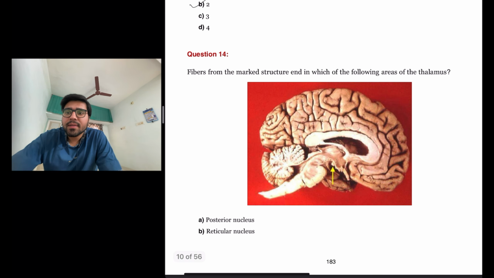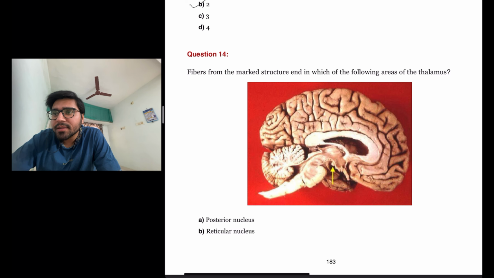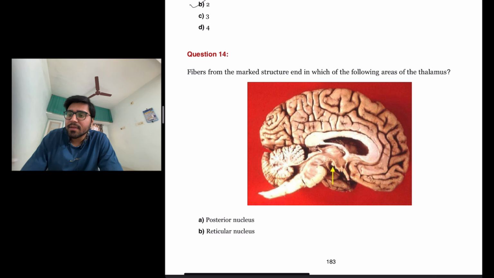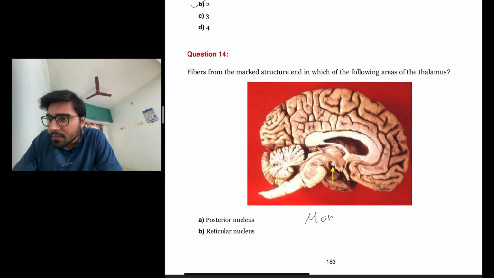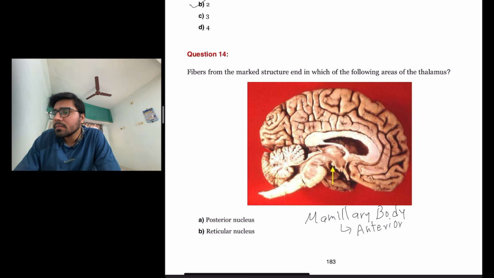The next question is, the fiber from the marked structure ends in which of the following areas of the thalamus? This marked structure is the mammillary body, and the mammillary body actually ends in the anterior nucleus of thalamus.